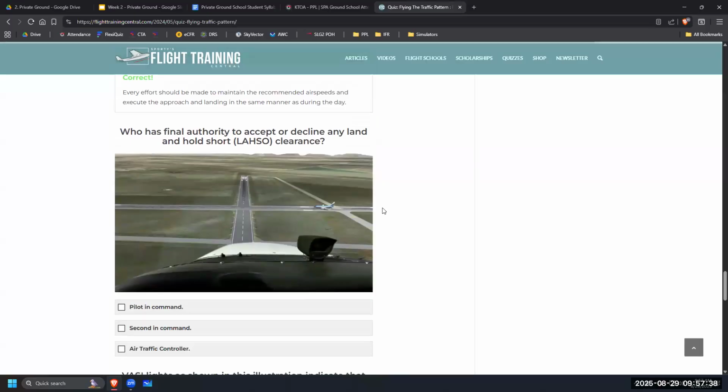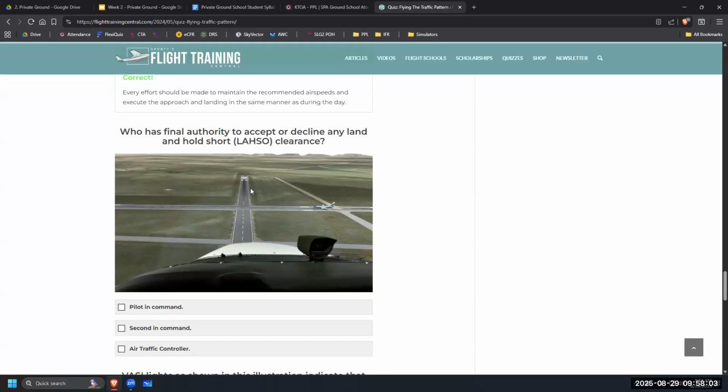Okay, we haven't talked about this either, but it's a good one. I don't know why it wasn't in the slides, but do people know what a LASSO clearance is? LASSO stands for land and hold short operations. So at airports like Long Beach, like we talked about, the long 30 runway intersects at the end with 26 right.